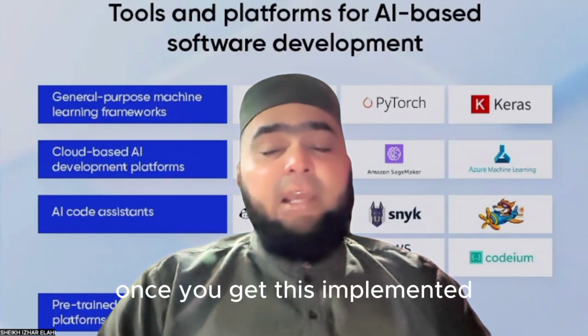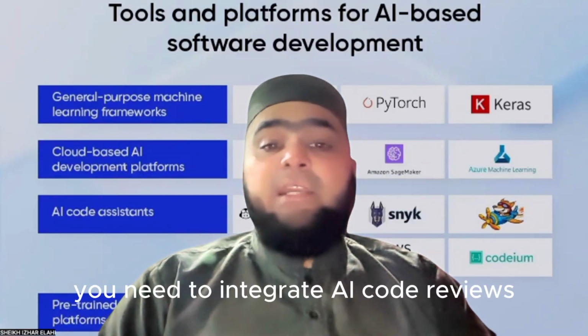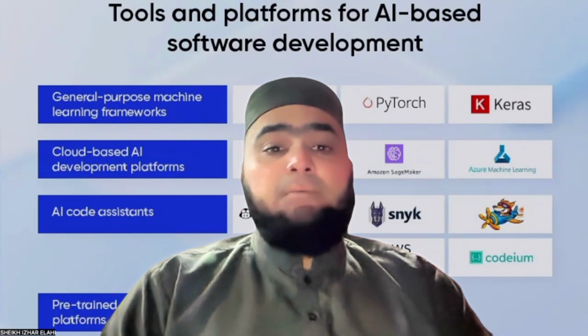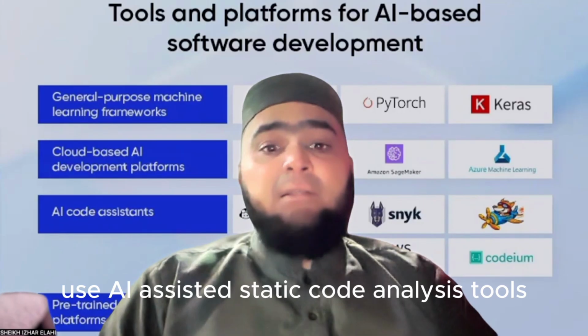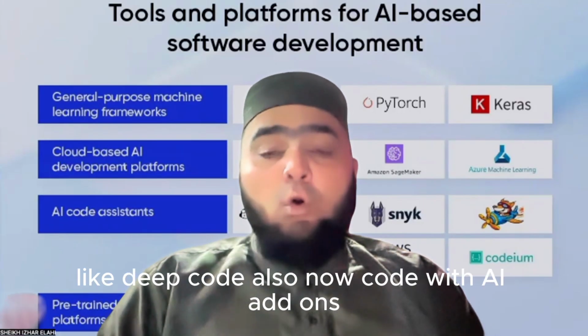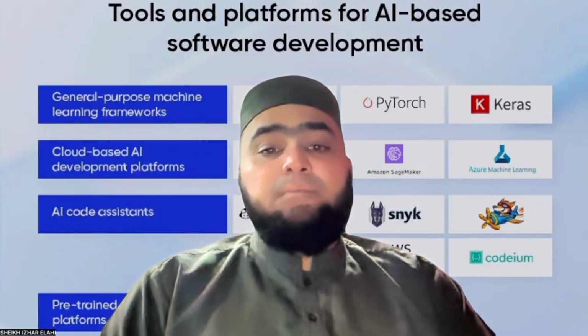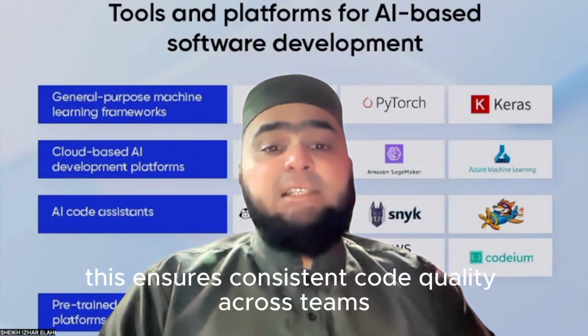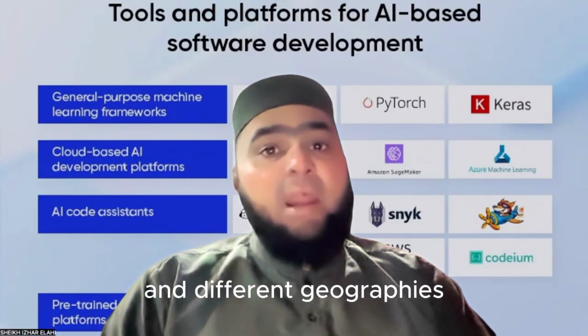Once you get this set up, you need to integrate AI code reviews. Use AI-assisted static code analysis tools like DeepCode or SonarQube with AI add-ons. This ensures consistent code quality across teams and different geographies.